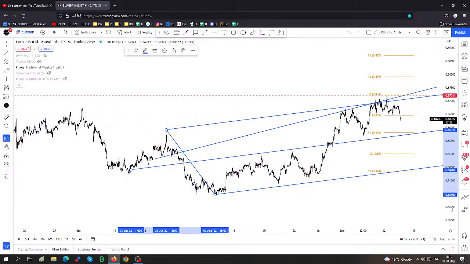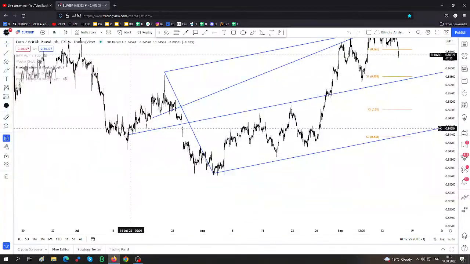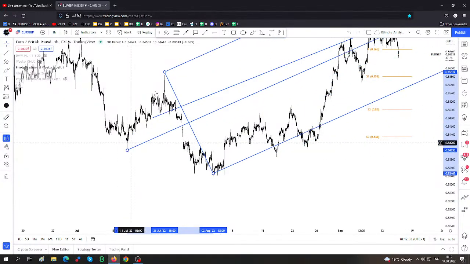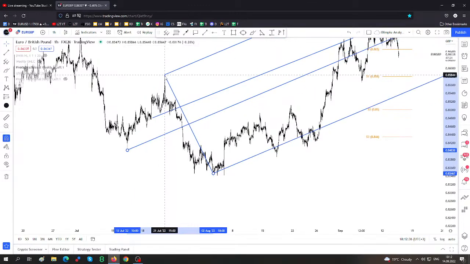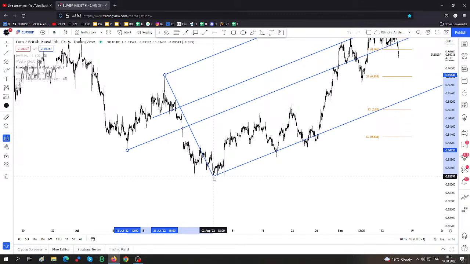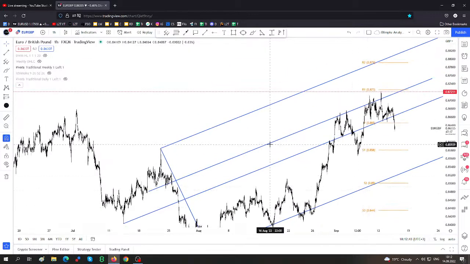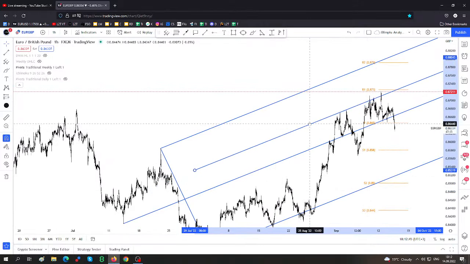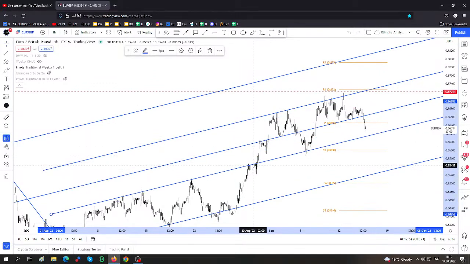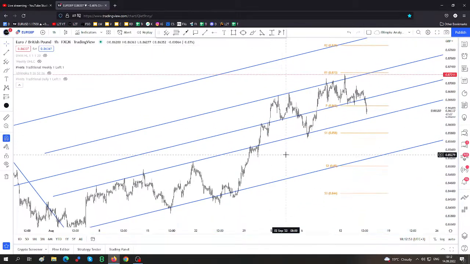Okay, something like this. An inside sliding line here, parallel line, only false breakouts, and I will place a line here as well.